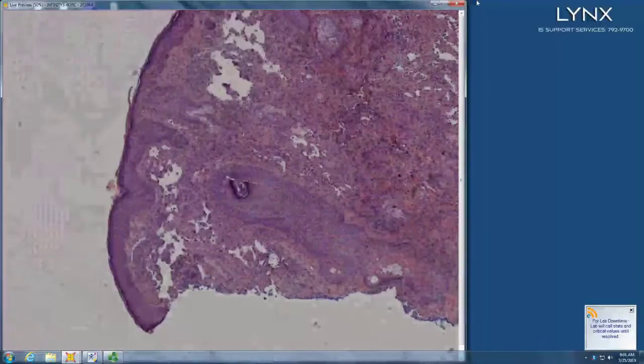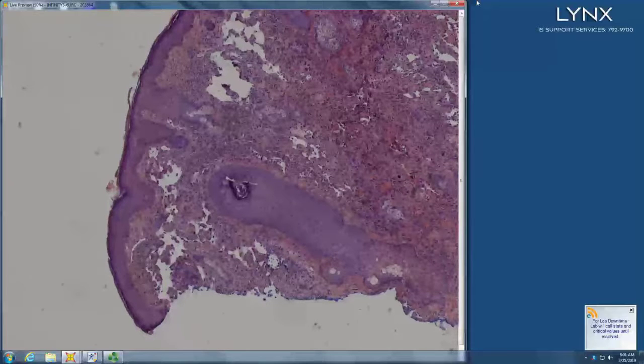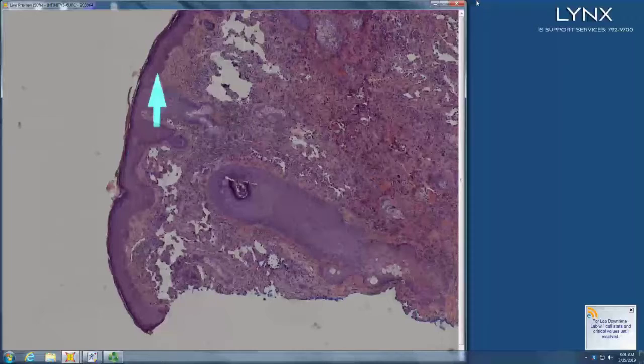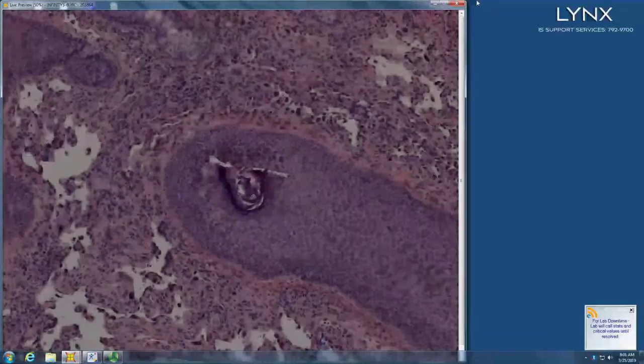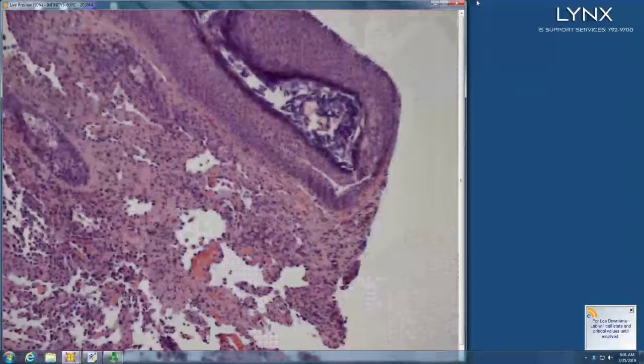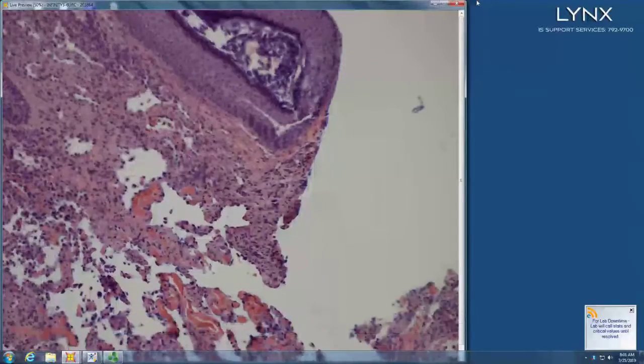Kind of acantholytic, or so acantholytic usually refers to the epidermis. Yeah, it's in there. It's some spaces in the dermis. KS-like, and I'll give you this.